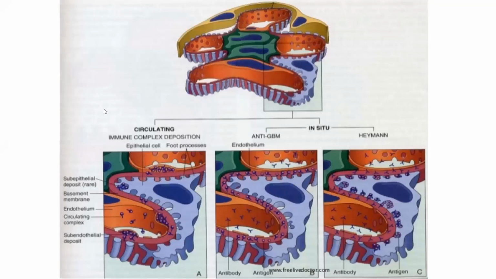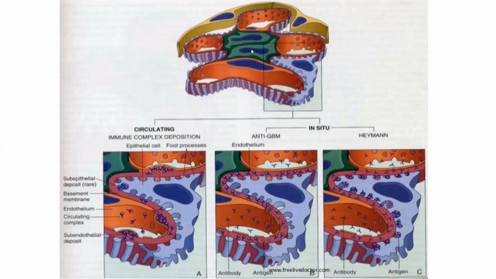So when we talk about immune complexes, these immune complexes can go and deposit at any place within the glomerulus. But depending on where they get deposited, the clinical manifestations can vary. So for example, this picture, so you need to orient yourself there. This is your podocyte, this is your glomerular basement membrane, and this is your endothelium and the mesangial cell.